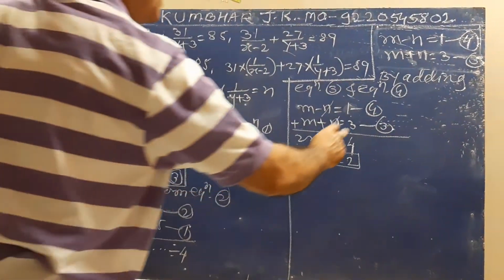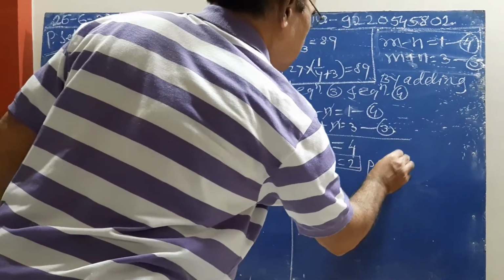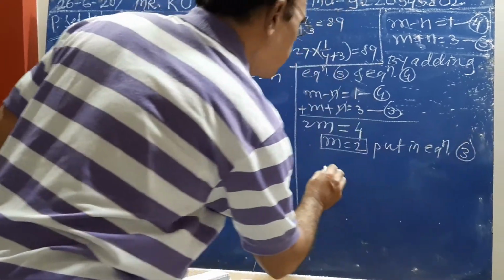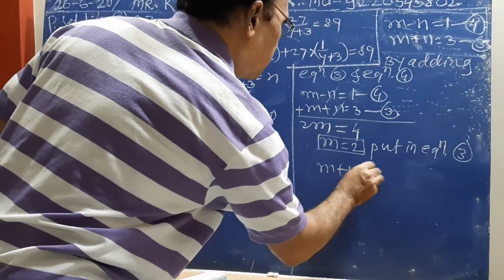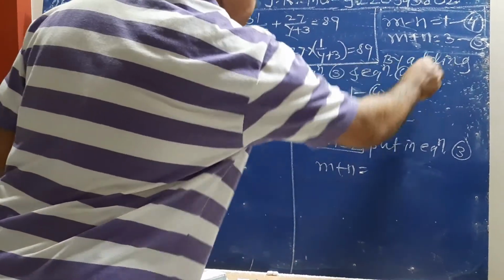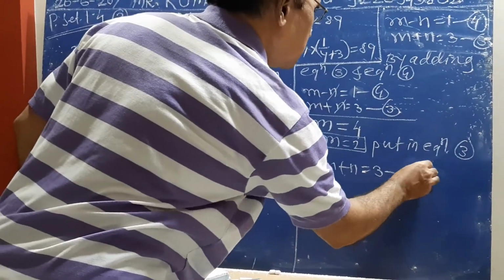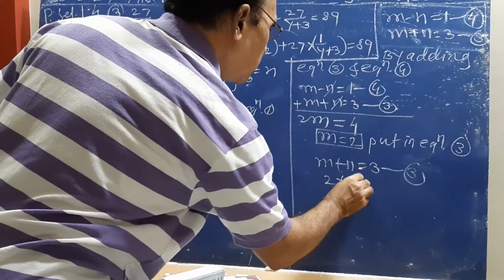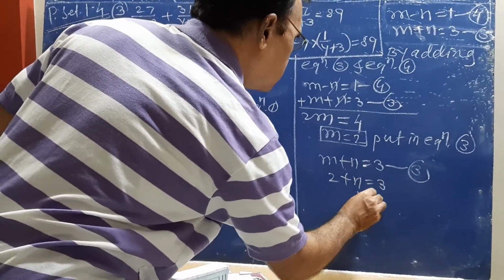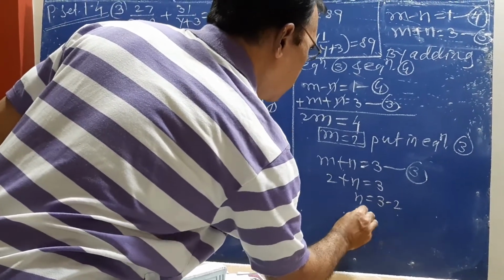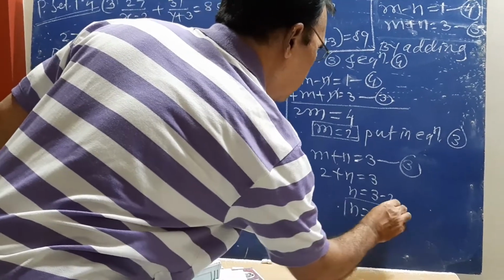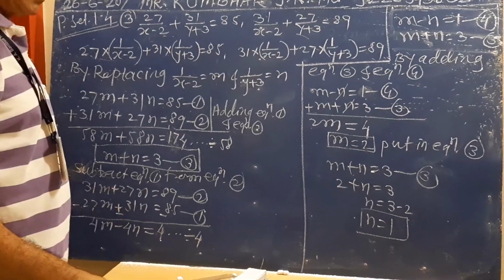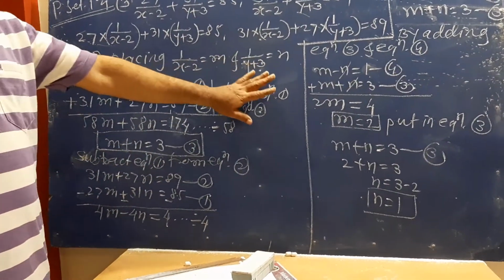Now we have to find n. Put in equation 3, m plus n is equal to 3. Except m, we can write 2 plus n is equal to 3, means n is equal to 3 minus 2, and therefore n is equal to 1. m is 2 and n is 1, but the example is not complete here.